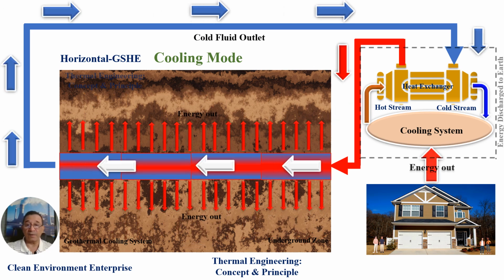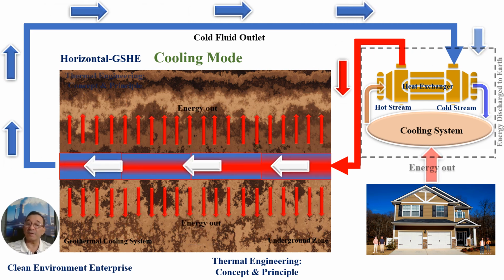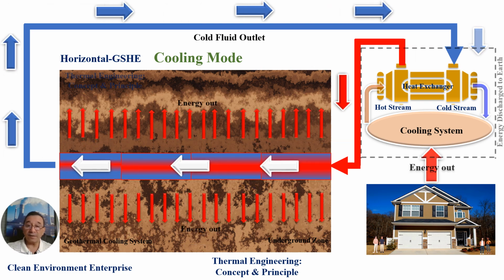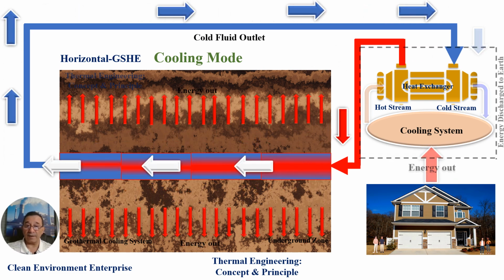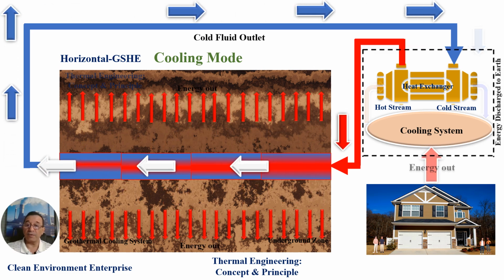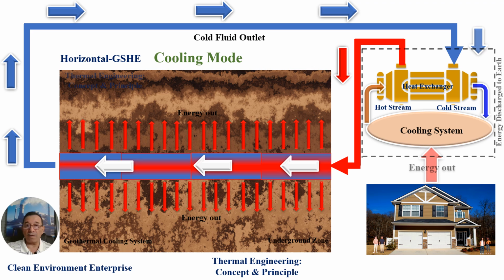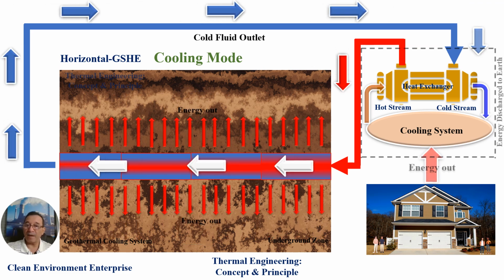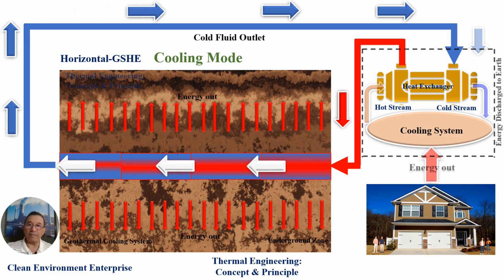Of course, we are talking about efficiencies. These systems are efficient, and they are useful and profitable to be used in heating and cooling modes, although it depends again on the depth which we are talking about and the temperature.